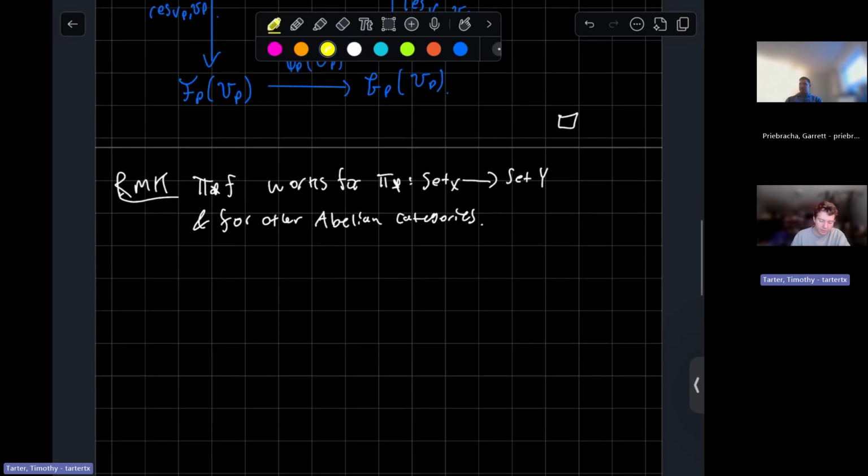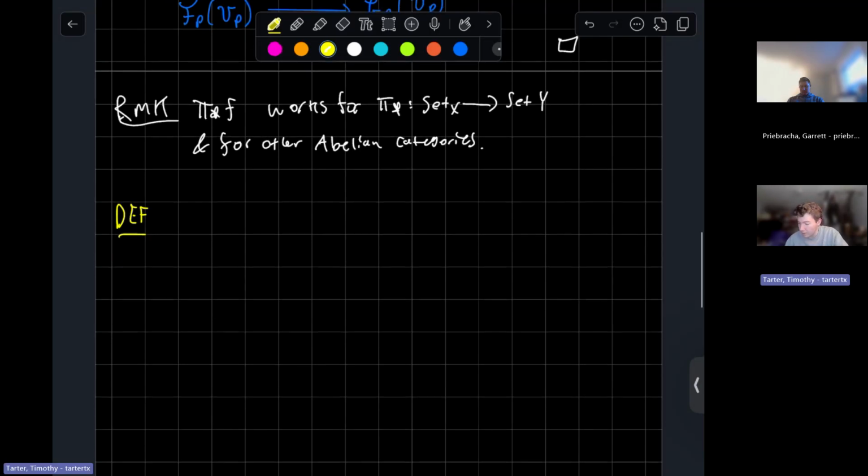So now we have a definition, which is that this is sheaf hom.